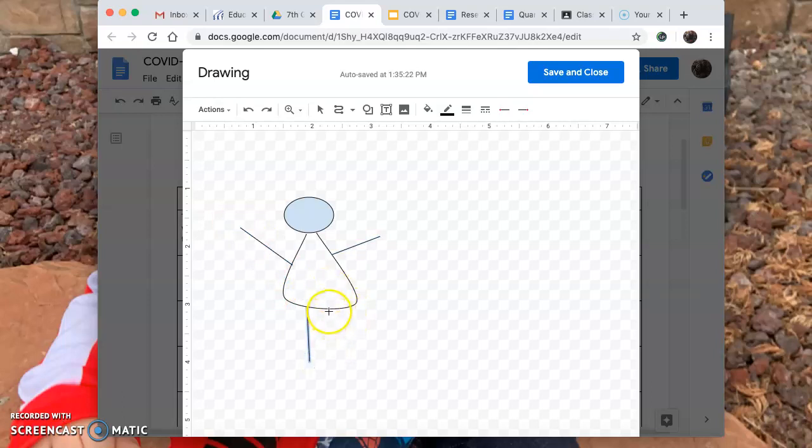Let's draw, oops. This really isn't supposed to be as hard as it seems. Alright. Well, that's not too bad. I'm starting to get the hang of it.